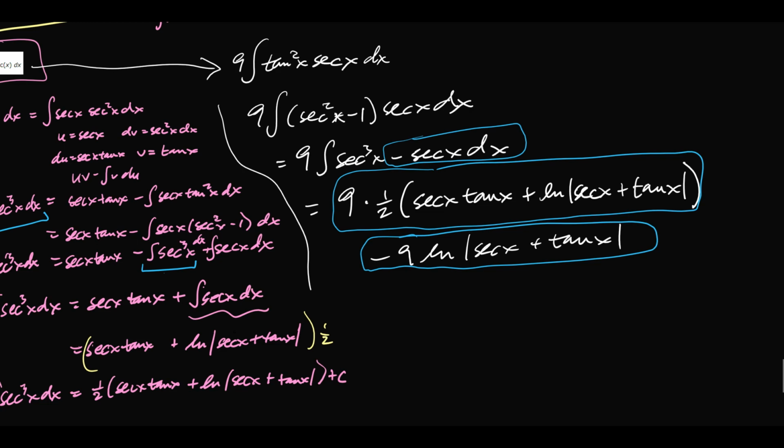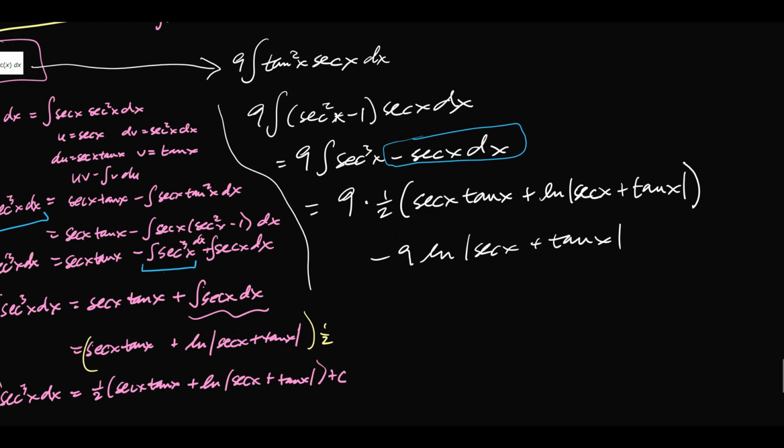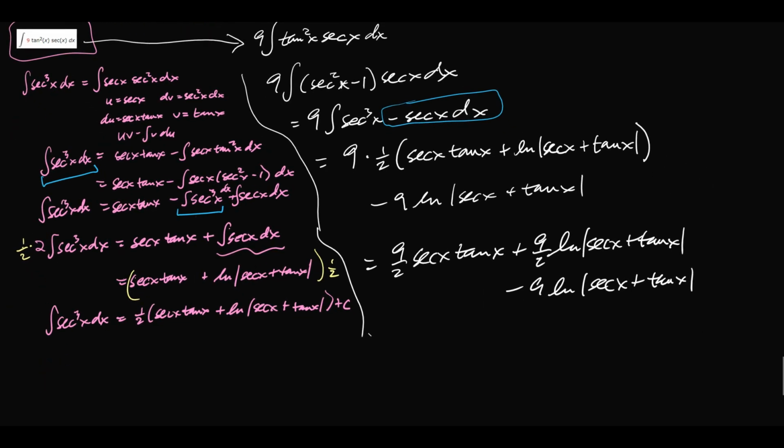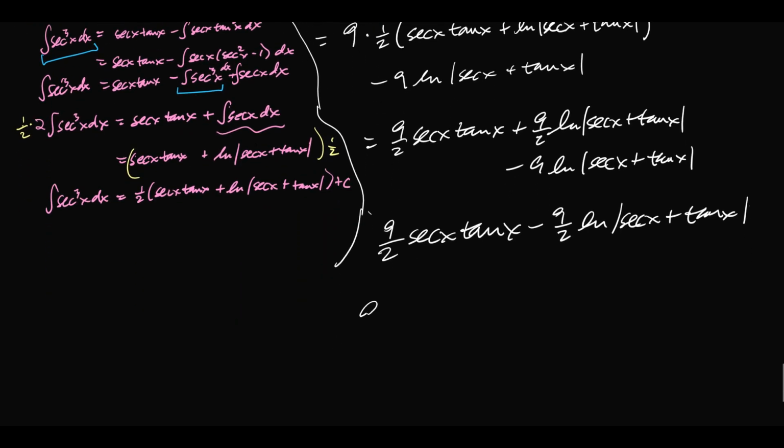And so when we do this, we get 9/2 secant x tangent x plus 9/2 natural log of secant x plus tangent x, and then minus 9 natural log of secant x plus tangent x. 9/2 minus 9 is negative 9/2, so we get 9/2 secant x tangent x minus 9/2 natural log of secant x plus tangent x, plus the c.